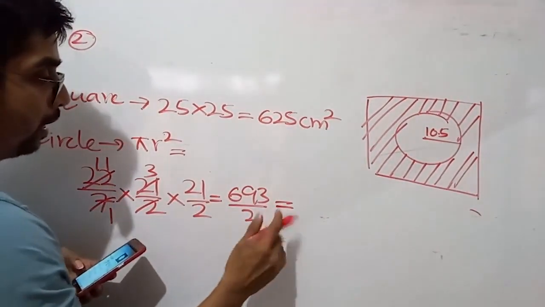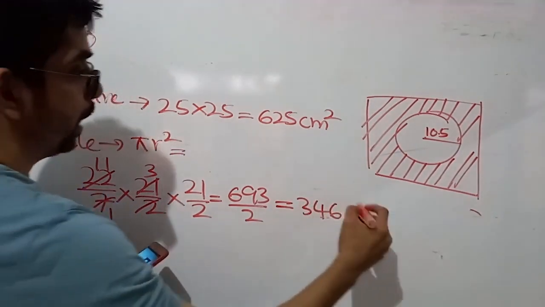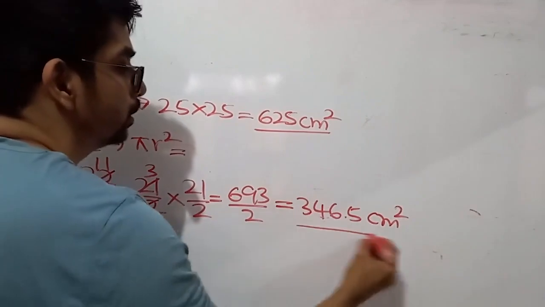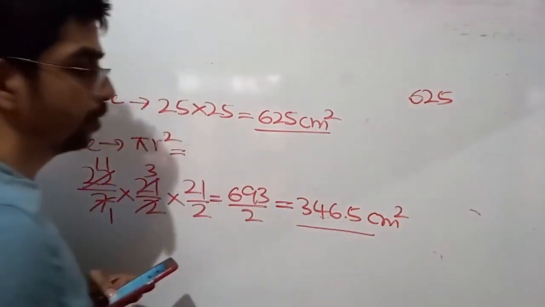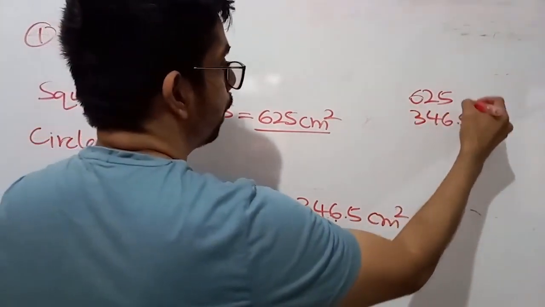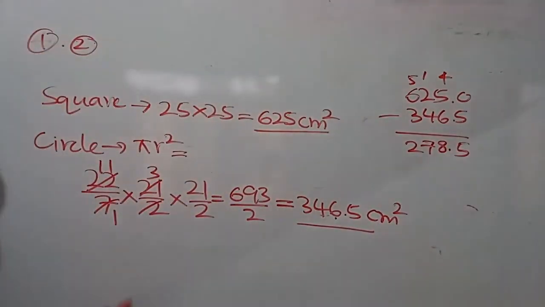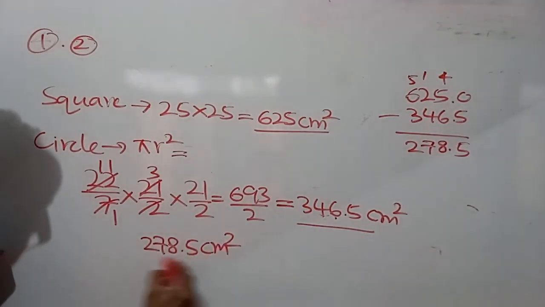So when we divide that this will be 346.5. So the area of the circle will be what? 346.5. දැන් මේ දෙක නෙමෙයි උත්තර දෙක. Right? We have to take 625 and subtract this amount, 346.5. So, what is the area of the shaded region? 278.5 square centimeters.